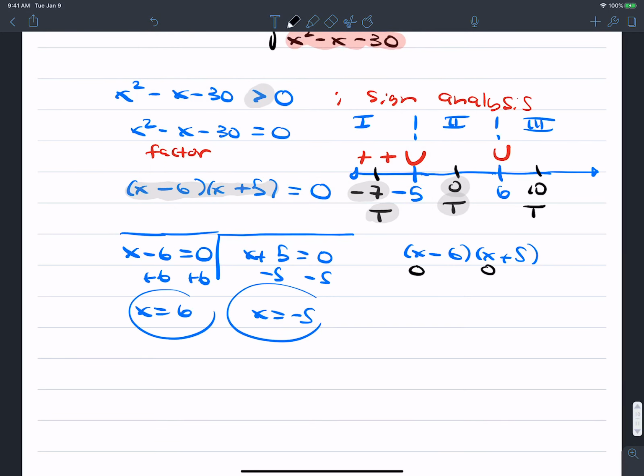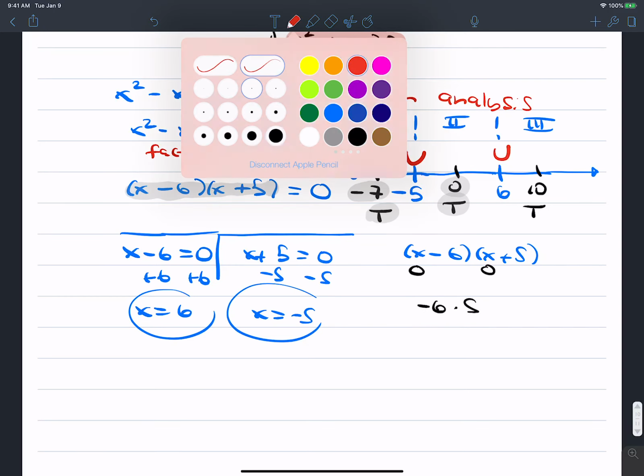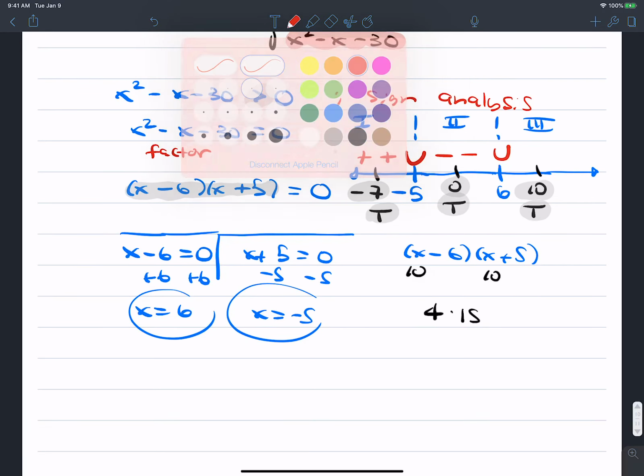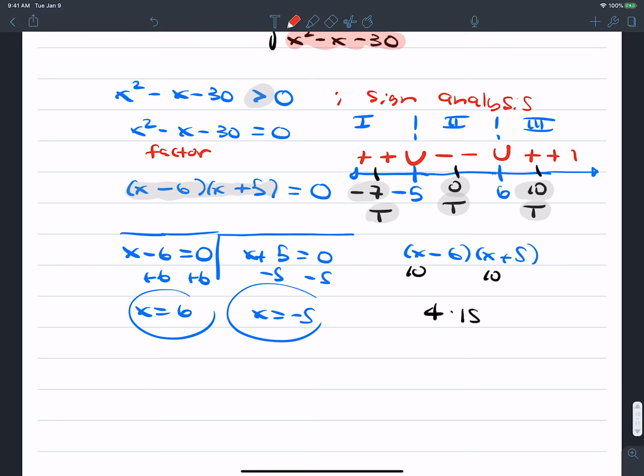Plug in 0 for x, and we get -6 times +5. Negative times a positive gives us a negative region. You're now going to test again 10. 10 minus 6 is 4. 10 plus 5 is 15. A positive times a positive gives us, for testing 10, let's double check, a positive region here.